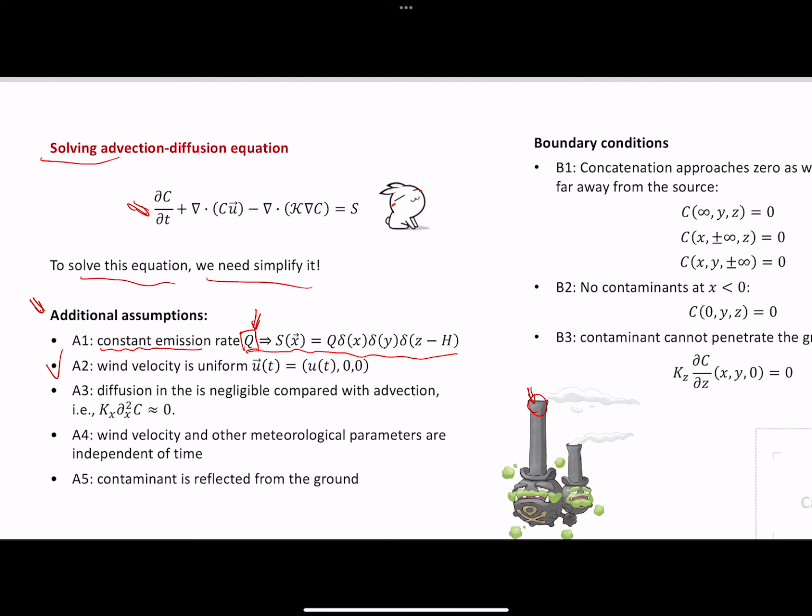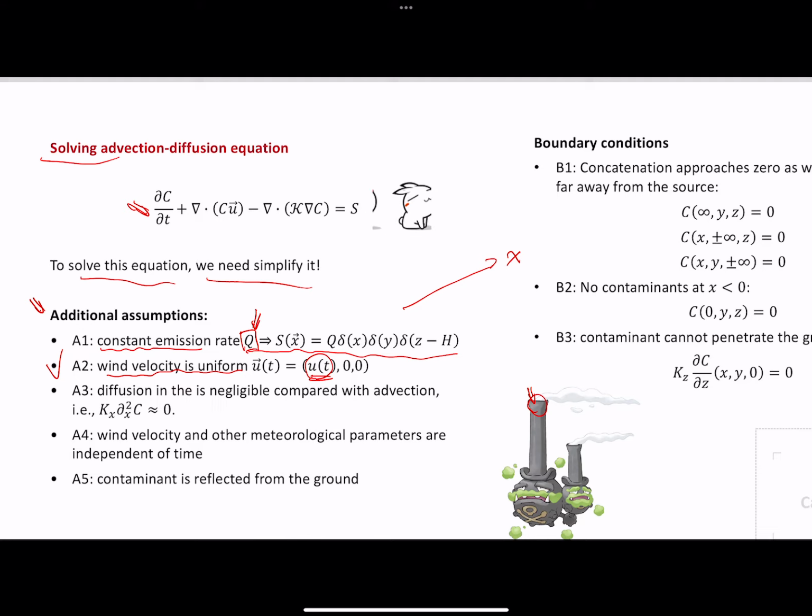The second assumption is wind velocity is uniform over space. Because it is uniform over space, if we define an x direction, we can describe the wind velocity as a scalar value, and we can see the wind speed only changes with time.